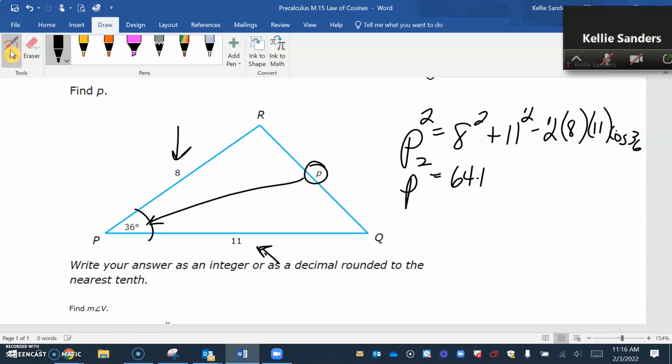So 64 plus 121 minus, that's when we get our calculator out. You can put that whole thing in the calculator right now: 2 times 8 times 11 times cosine 36. And I got 142.